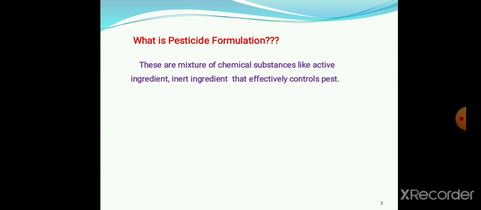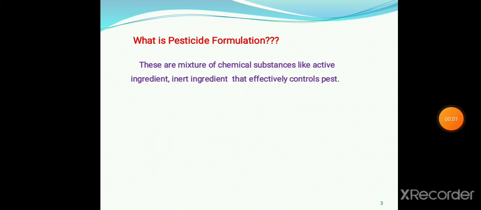Active means that particular component is responsible for controlling that pest. And what is an inert ingredient? Inert means it is not participating actively, but it supports the active ingredient to control the pest. That is pesticide formulation. It is a combination of chemical substances having active ingredient and inert ingredient to control the pest.